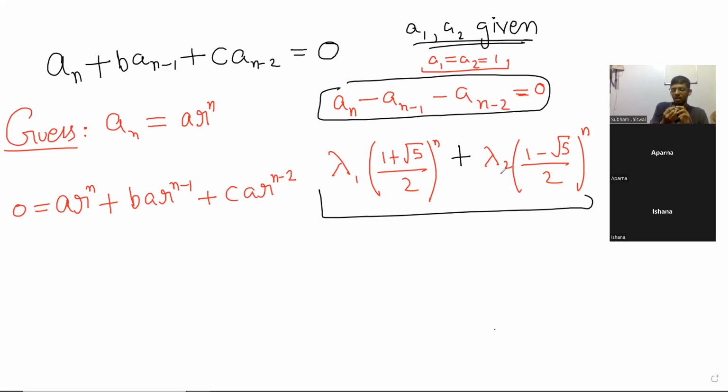The point is that this does not prove that this is a solution. This proves that this is the candidate for the solution. Am I correct? Because at no point have we proved that this is the solution.